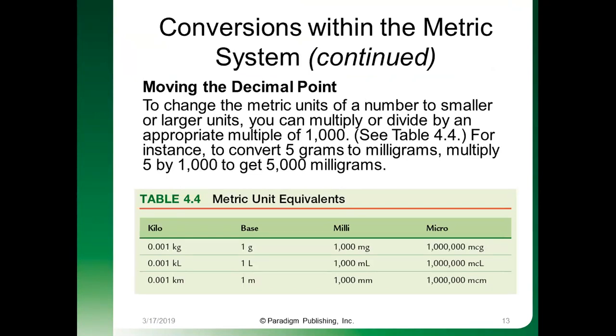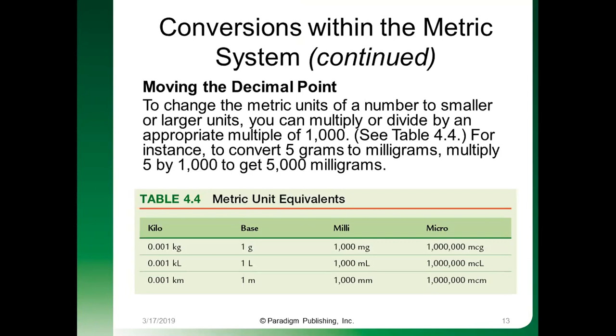To change metric units of a number to a smaller or larger unit, you can multiply or divide by an appropriate multiple of 1,000. So in table 4.4, we see the conversions of the metric unit equivalents.